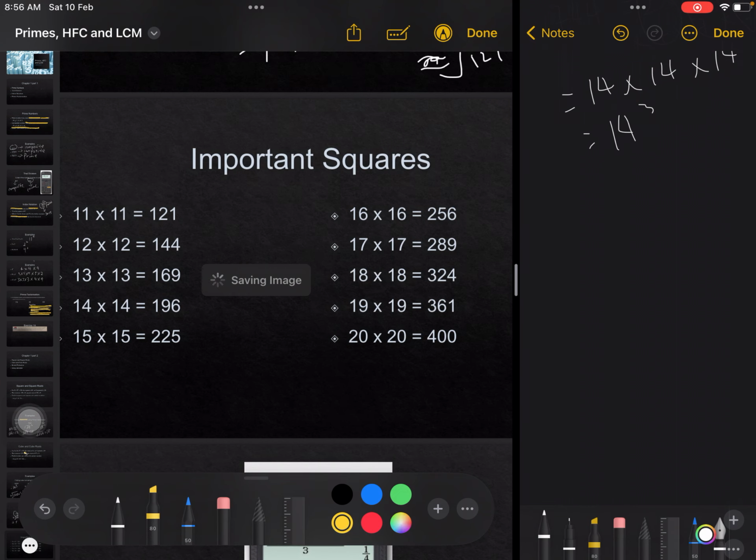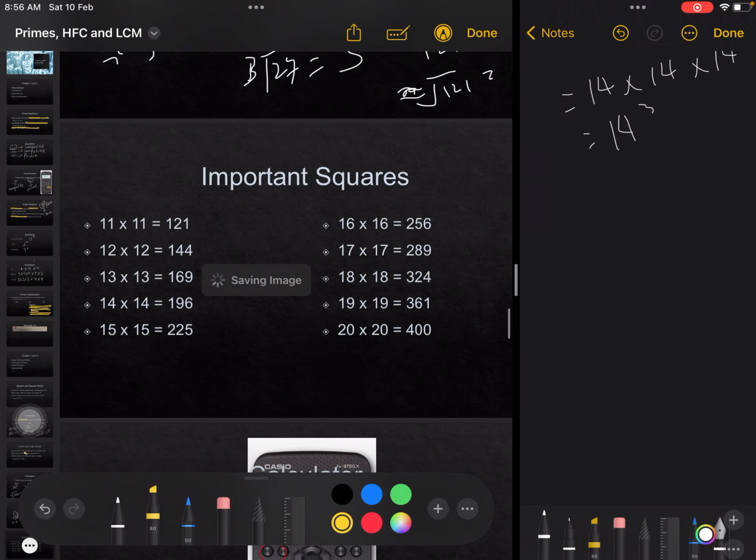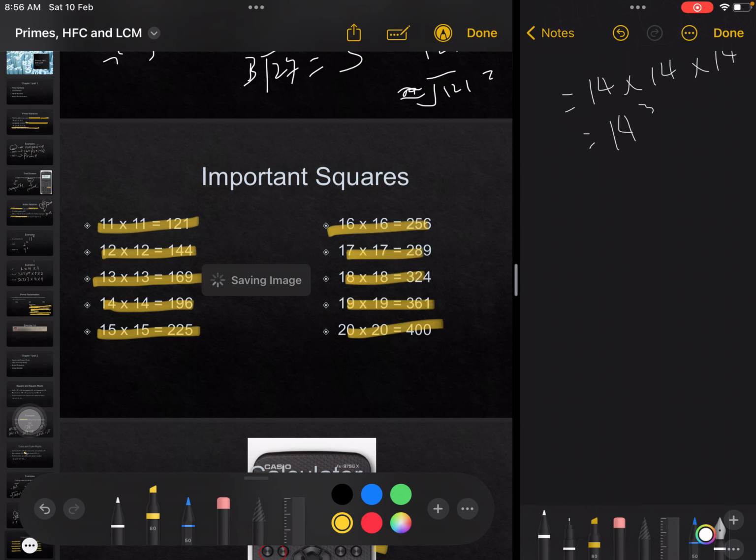These are some of the very important squares that you need to know throughout your secondary school life. 11 times 11 is 121. 12 times 12 equals 144. 13 times 13 is 169. 14 times 14 is 196, and 15 times 15 is 225. At least until 20 squared you need to know.